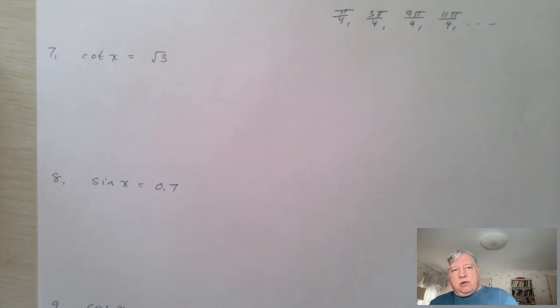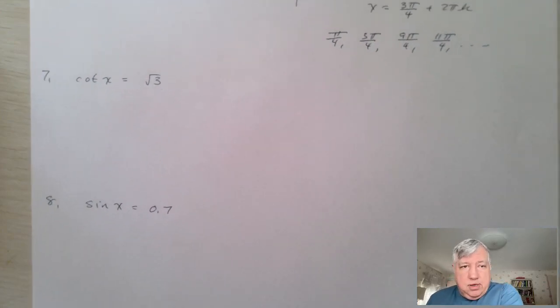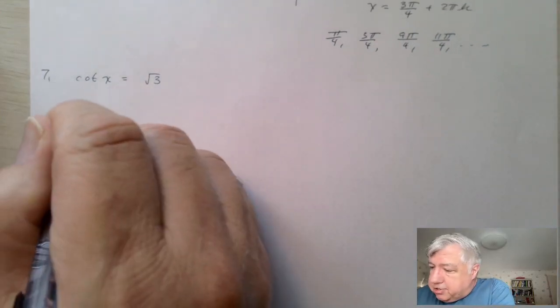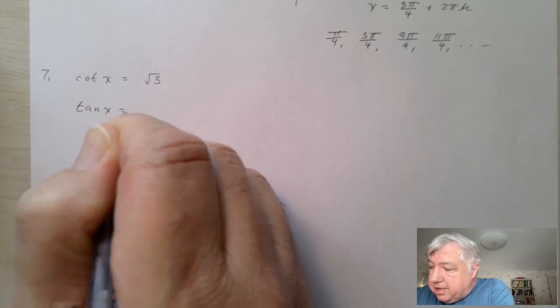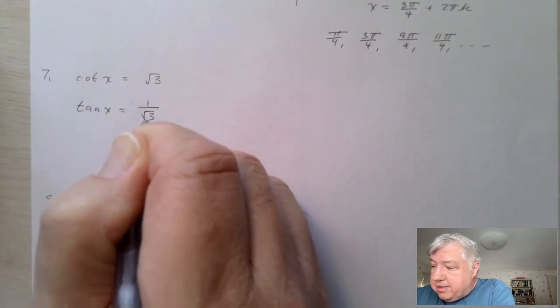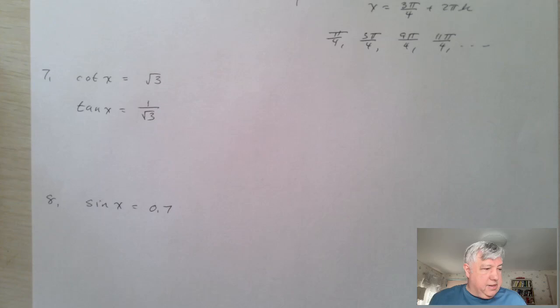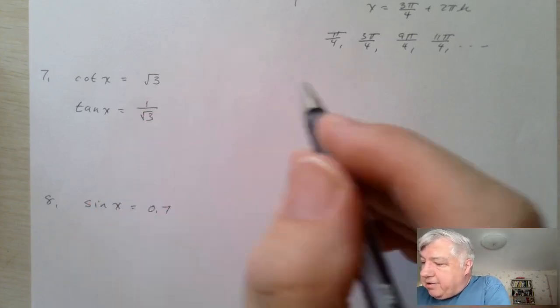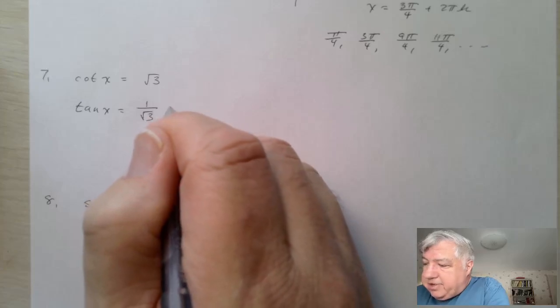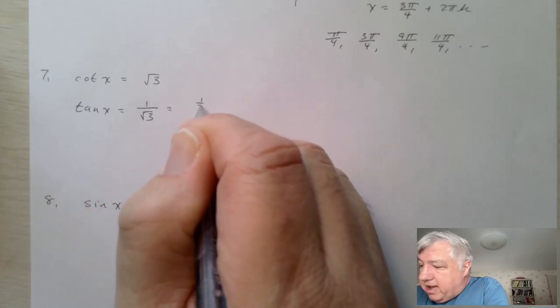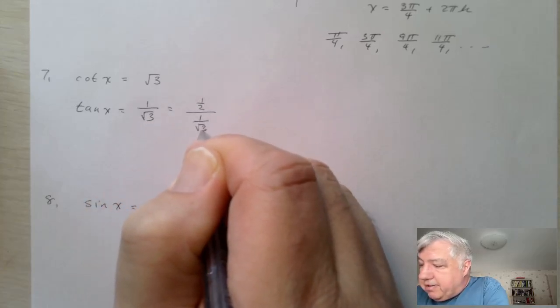Cotangent is the reciprocal of tangent, so this means the tangent of x is 1 over square root 3. Okay. And again, you really just have to memorize these values, especially for tangent. You could write this as 1/2 over root 3 over 2.